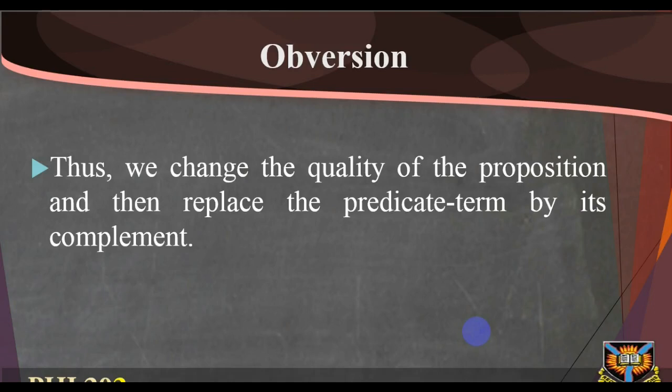Some non-politicians are not non-men. Contrapositive is a valid form of inference for A and O propositions, but not valid for E and I propositions. Contrapositive is only valid for E proposition by limitation.